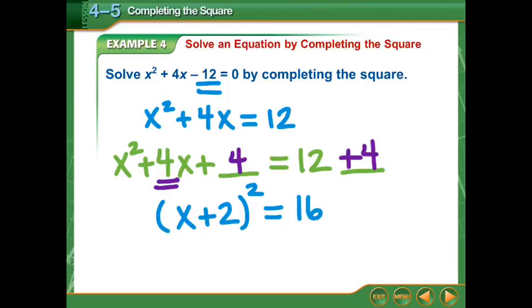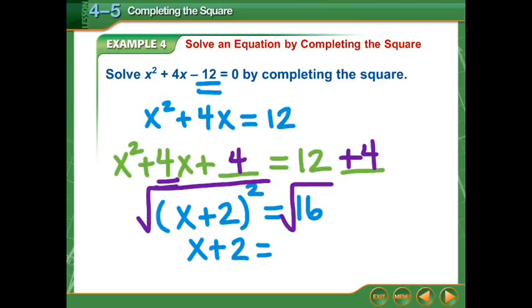Now we're going to solve the problem like we did the day before, and take the square root of both sides. On the left-hand side I'm going to have x plus 2 equals. On the right-hand side, the square root of 16 is the positive and negative square root, which will be plus or minus 4. Remember, we're going to have two answers here.